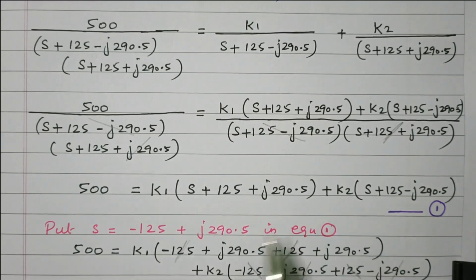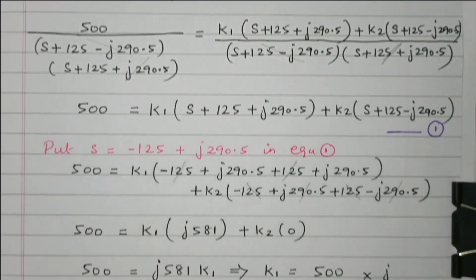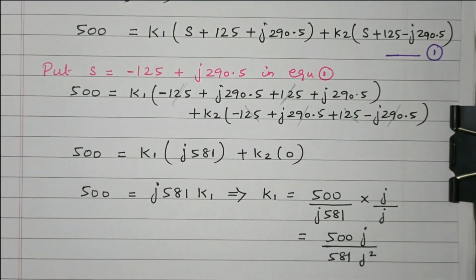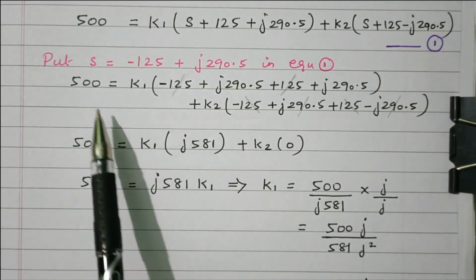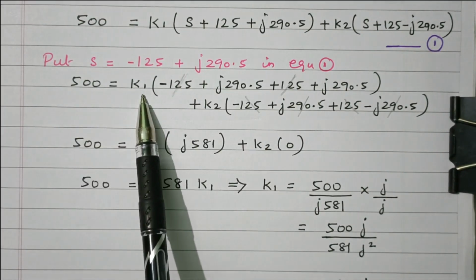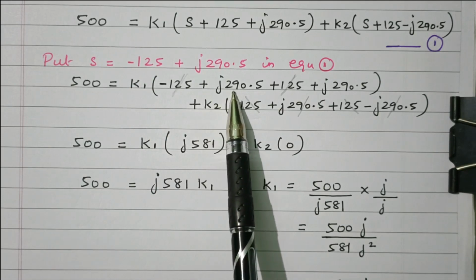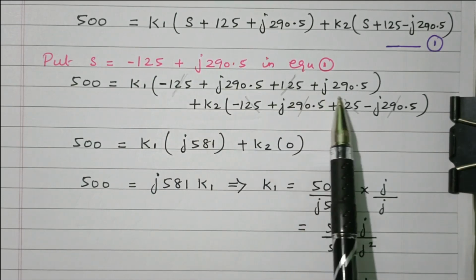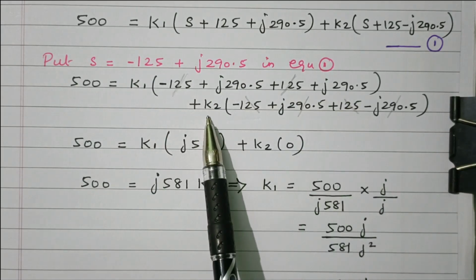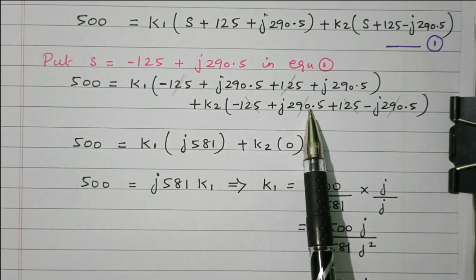So by substituting this value, the K2 term becomes 0. So I will substitute this value, S equal to minus 125 plus J 290.5, in 500 equal to K1 into this S value, minus 125 plus J 290.5. Already here 125 is available plus J 290.5 is available, plus K2 into minus 125 plus J 290.5.